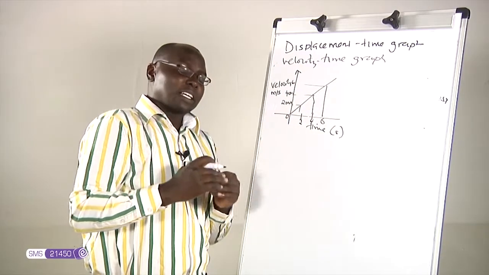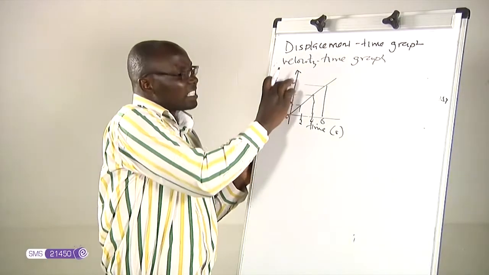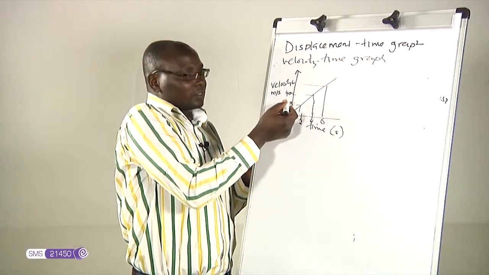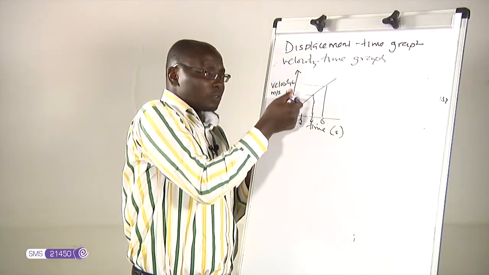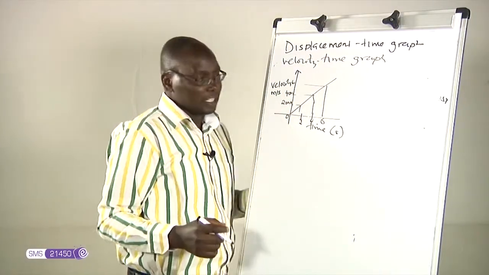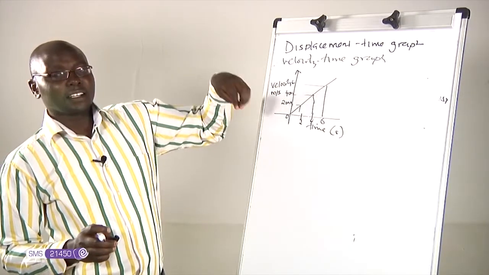From 0 to 20 you have 2 seconds, and from 20 to 40, again the gap is 20, which is 2 seconds. So it's uniform: the rate of change of velocity is uniform.